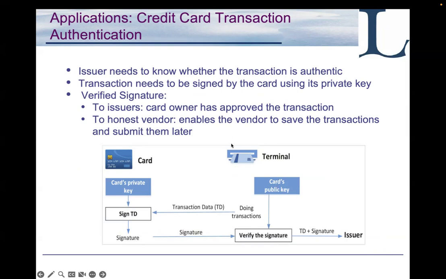Any questions on this part? Just a quick question. Which part of this is the PIN number that you usually have? Oh, the PIN number is just a local thing.